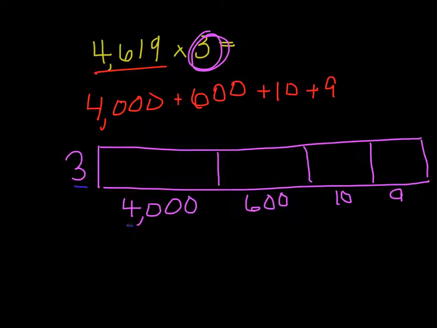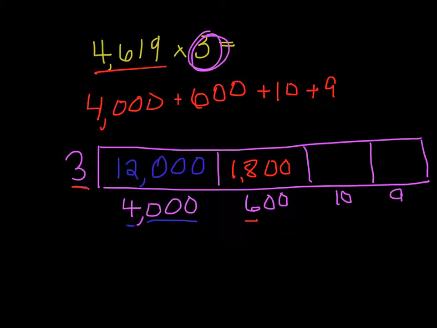3 times 4 is 12, plus the 3 zeros from the thousands. So 3 times 4,000 is 12,000. 3 times 6 is 18, plus the 2 zeros, 1, 2, 3, comma me.